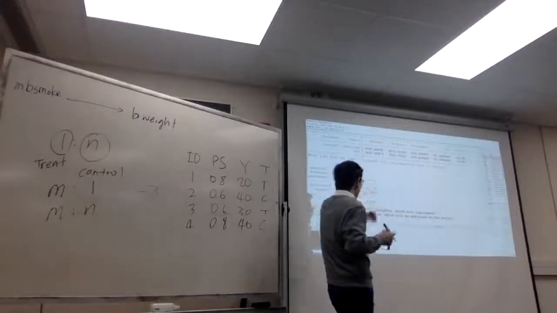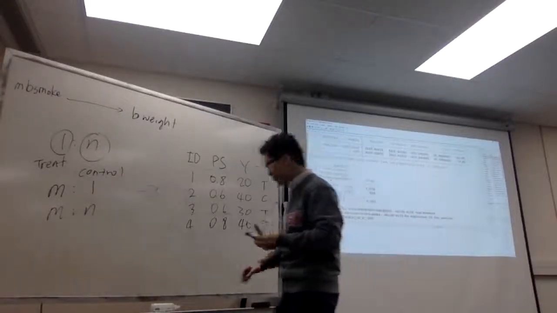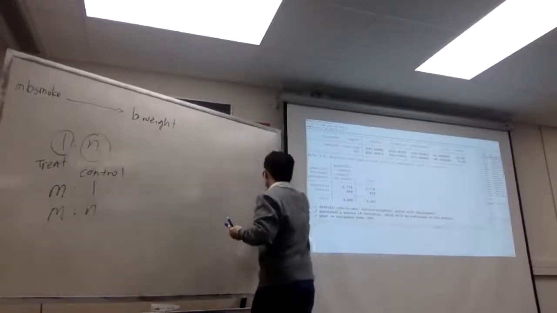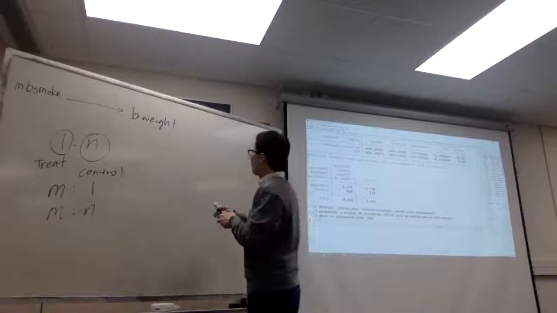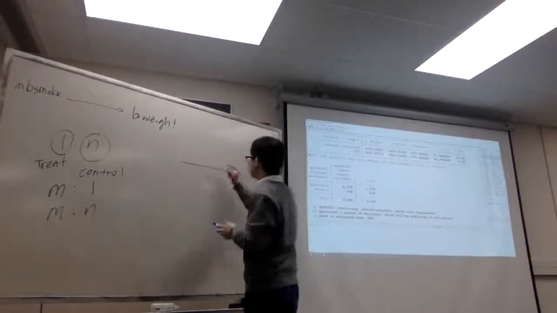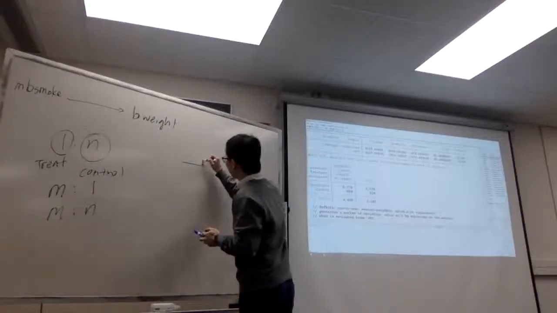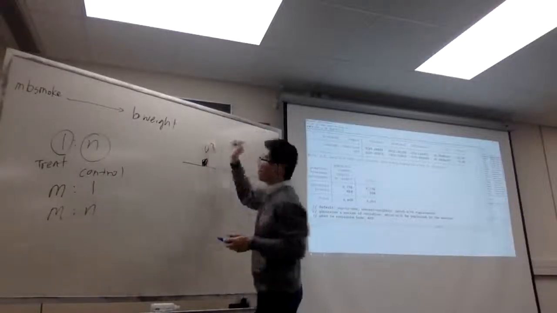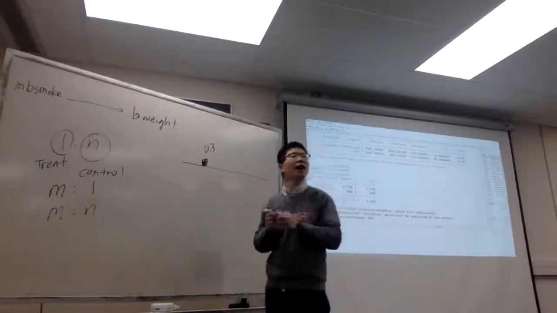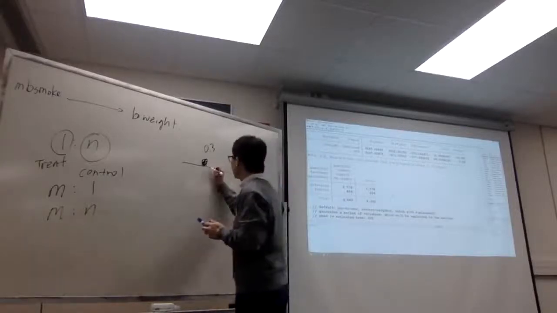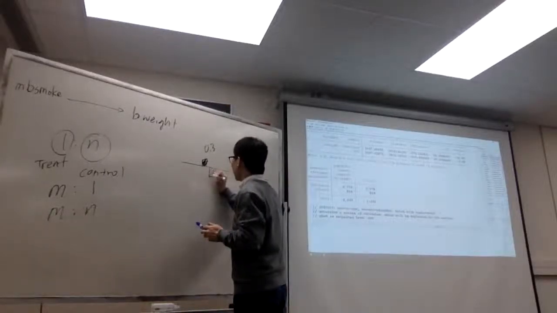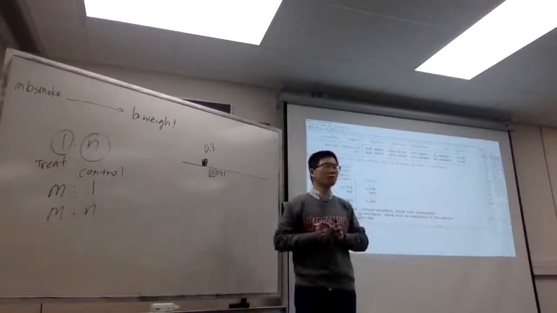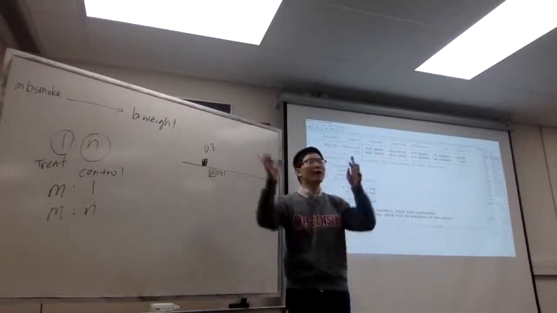The nearest neighbor matching is basically: there is this observation with the propensity score of 0.3, and you are finding the nearest neighbor from the controlled cases to match it.